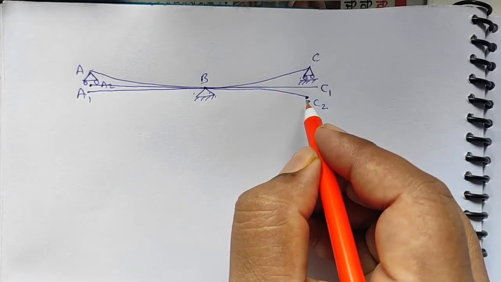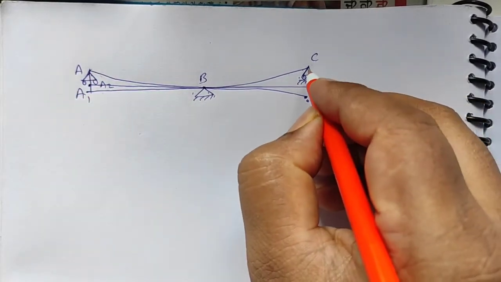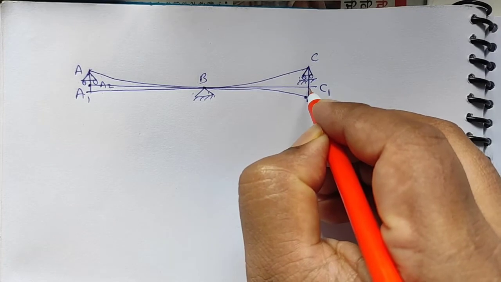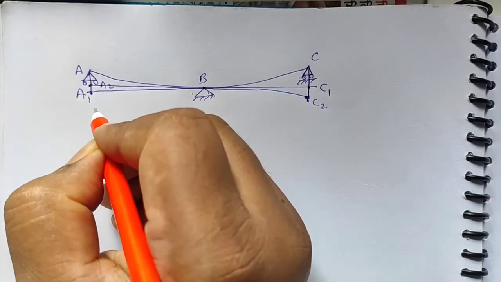Let me draw a line like this, intersecting at points C1, C2, A1 and A2.